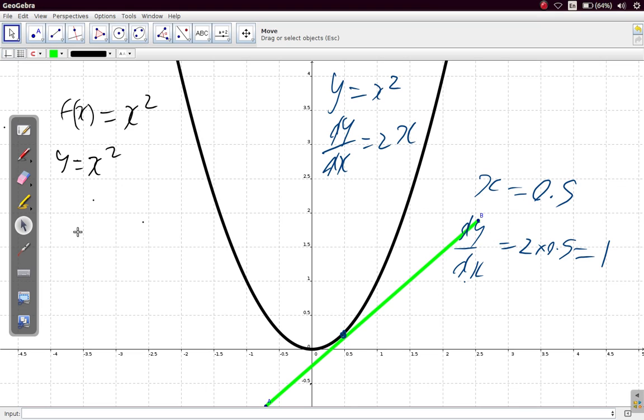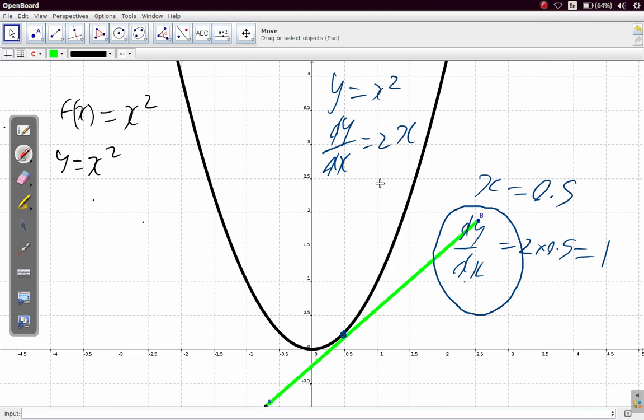So what this does is give you the gradient of the curve at a particular point, at x equal whatever point that is. Just multiply whatever value you choose by 2, and you get the gradient. Alright?